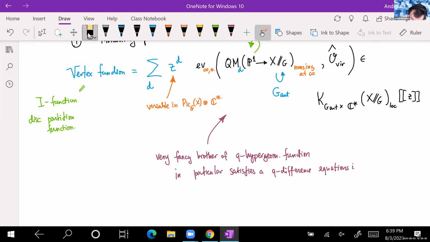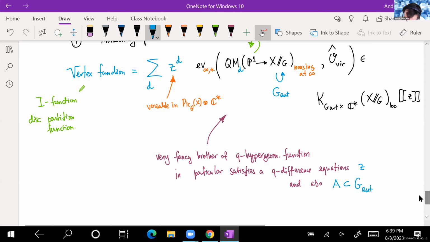Equations in the variable z, and also in the variables, you can have, maybe call it, a torus A inside the group of automorphisms.